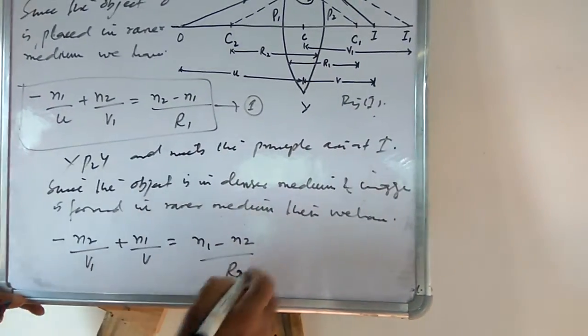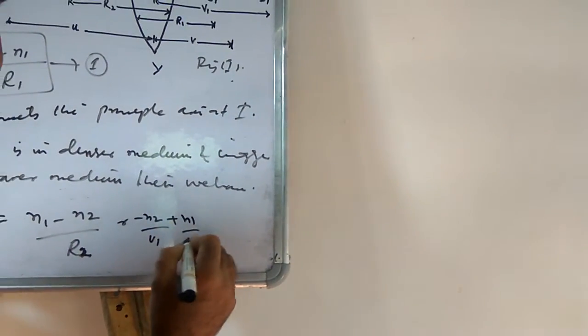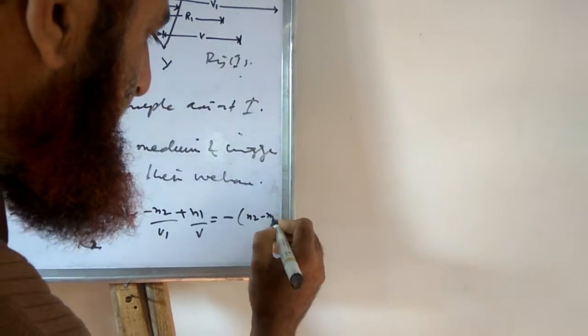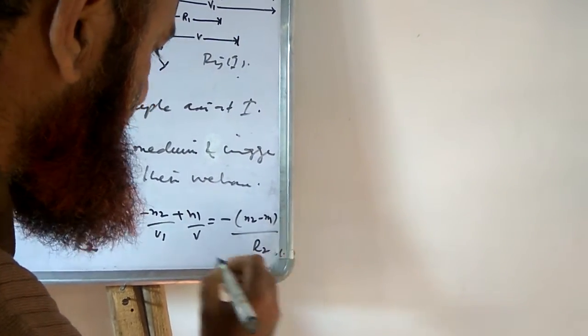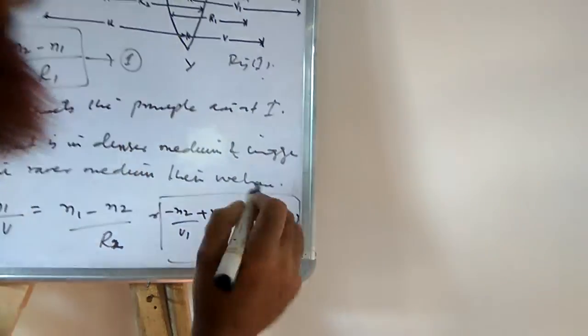We can write this equation as minus n2 by v1 plus n1 by v is equal to minus (n2 minus n1) divided by r2. Mark this equation as equation second.